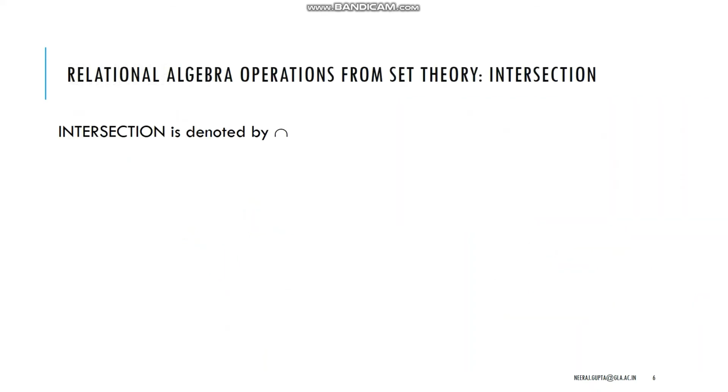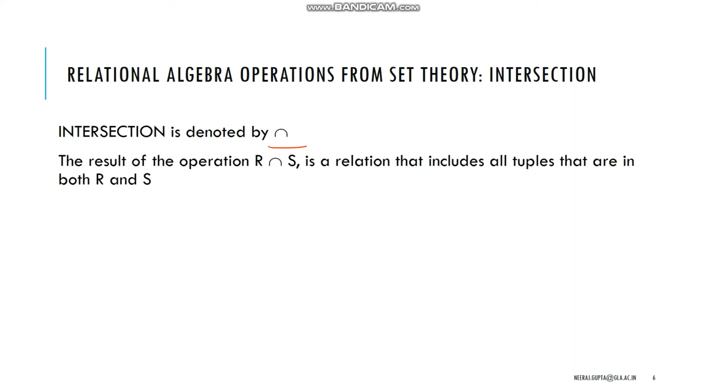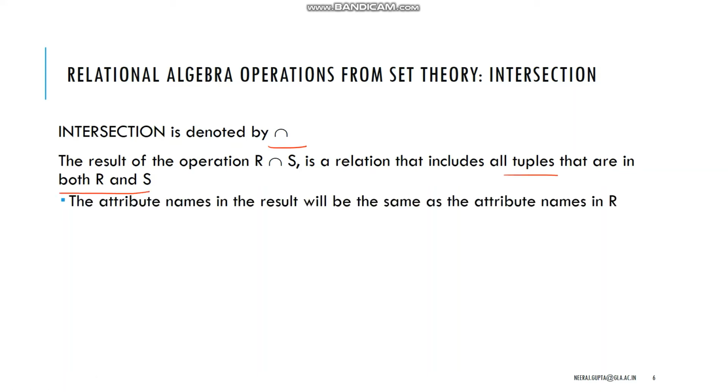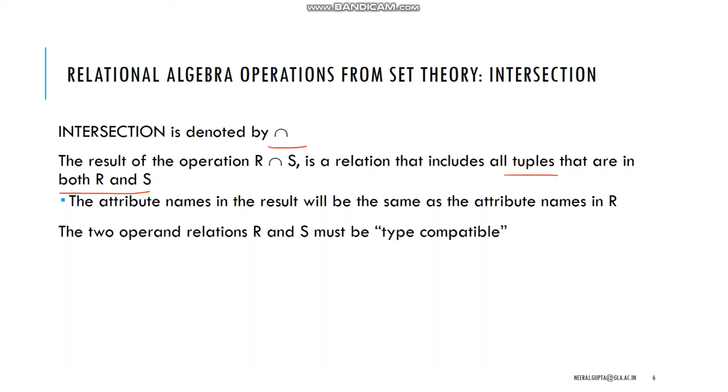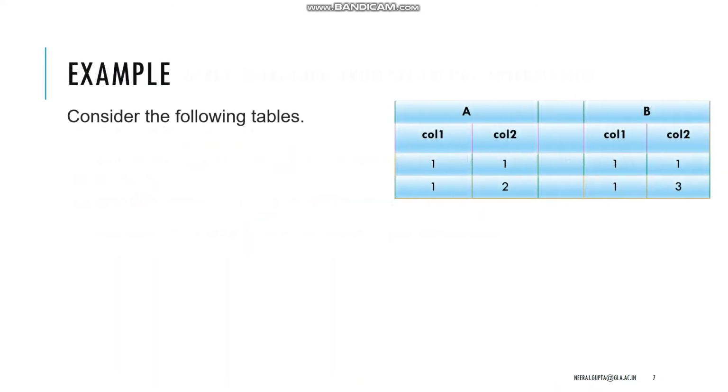Now next is intersection. Intersection is denoted by this symbol. In the case of intersection, it includes all the tuples that are in both R and S, and the result will have the same attributes as R, and the two operands R and S must be type compatible. So let us consider these tables. What is A intersection B?